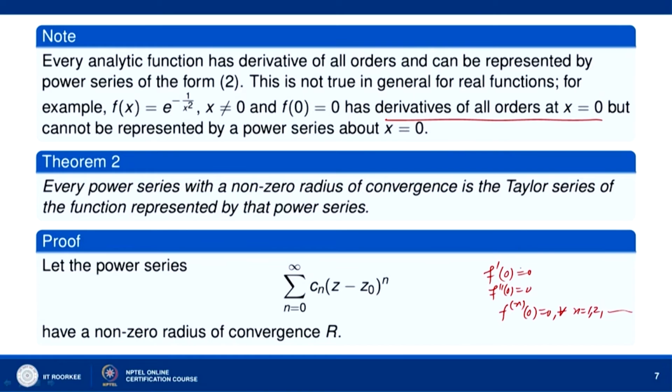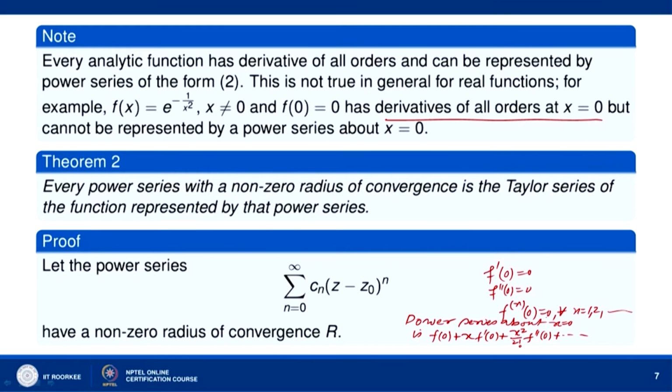If you write the power series about x equal to 0, what will it be? It will be f(0) plus x times f dash 0 plus x square by 2 factorial f double dash 0 and so on.